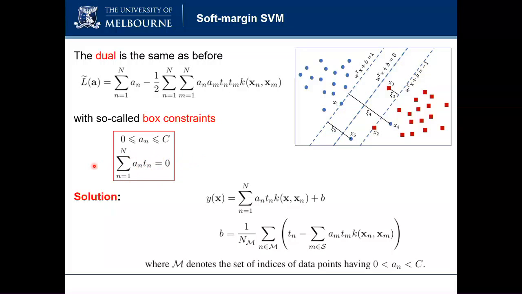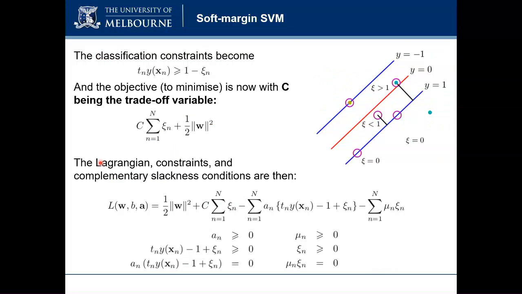But in the previous case we only had the Lagrange multipliers in the dual, the a_n's, being positive. So with this case, interestingly, the only thing that changes, funnily enough, after all this talk, is after all these slack variables, you do the primal, which we have defined on the previous page, and you do all this, the trade-off variable C and all that stuff.